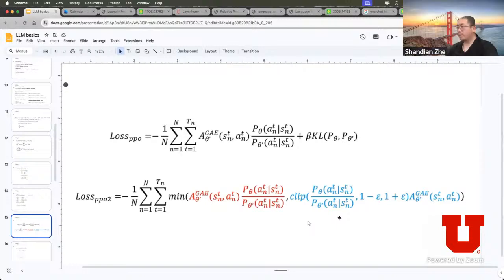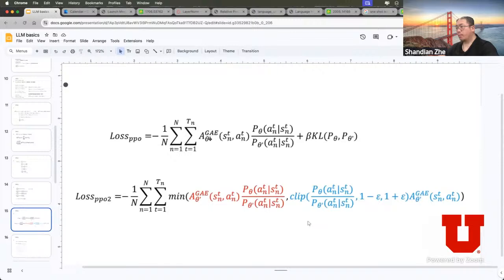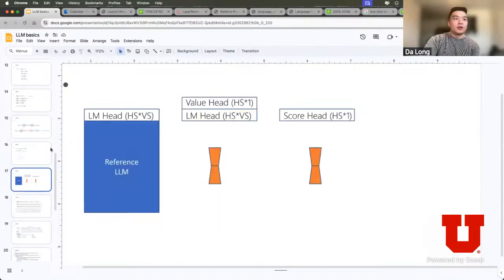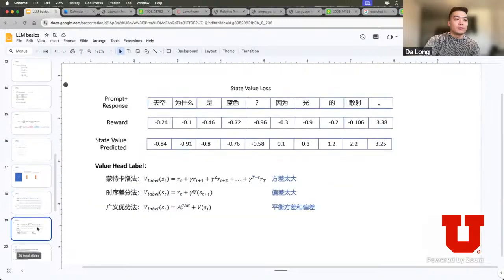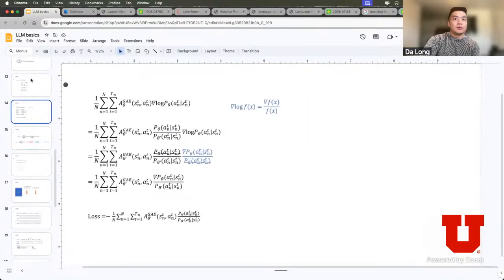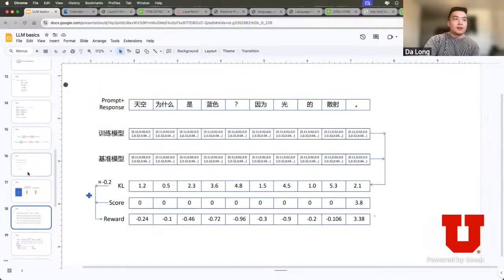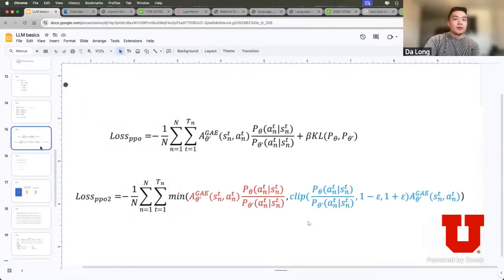Okay, so this is the loss. We already know how to train the rewards. This is how we train the rewards, and this is how we train the value function and the policy, according to this formula.